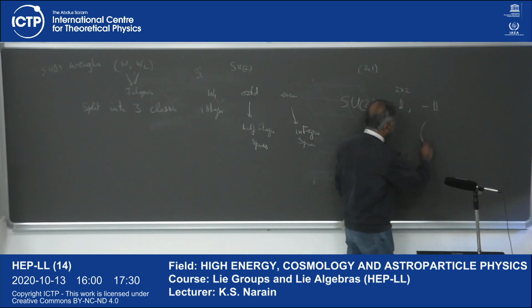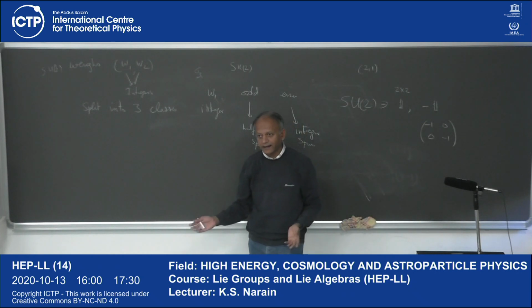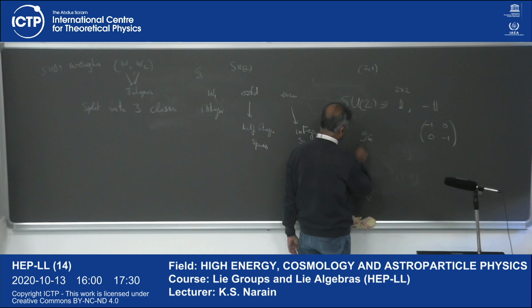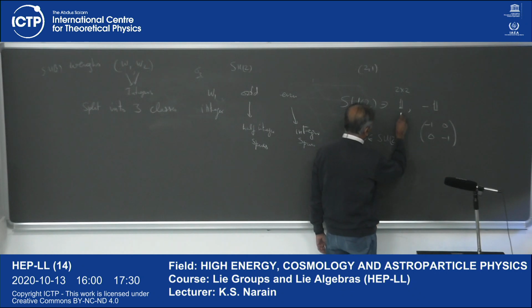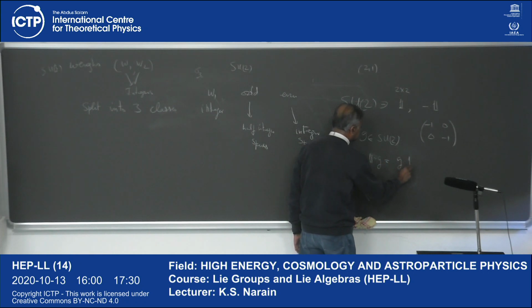What is this? This is nothing else but minus 1, 0, 0, minus 1. Take the determinant, it becomes plus 1, right? So both of them are there, and since they are proportional to identity, they commute with every element of the group. If G belongs to SU2, an arbitrary element, then identity times G is equal to G times identity.